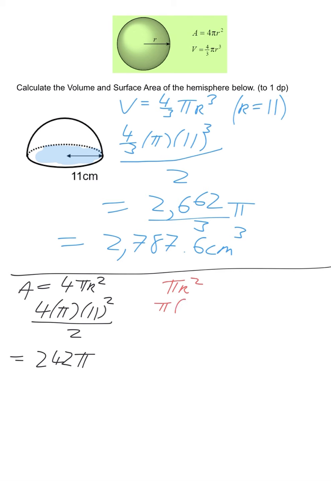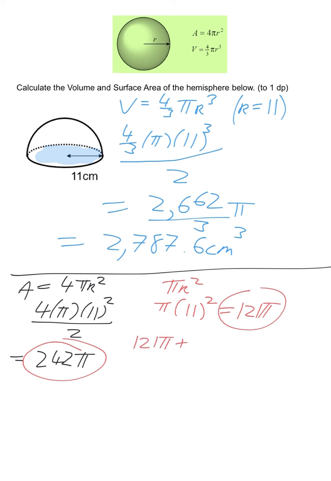So pi times 11 squared, and that's going to be 121 pi. So now let's add these two together. So 121 pi plus 242 pi, that'll be 363 pi. And then to one decimal place, that'll be 1,140.4 centimeters squared.